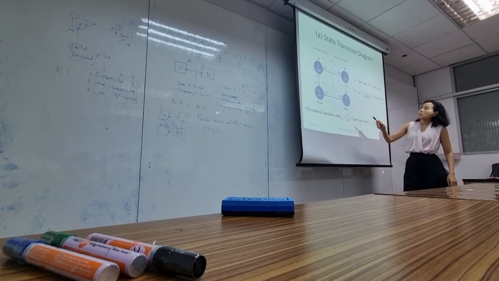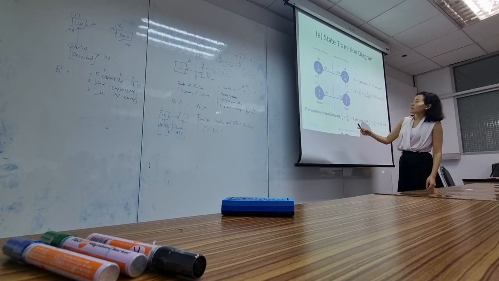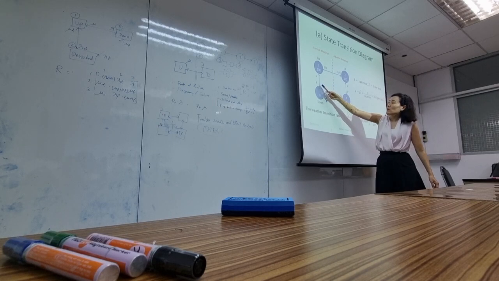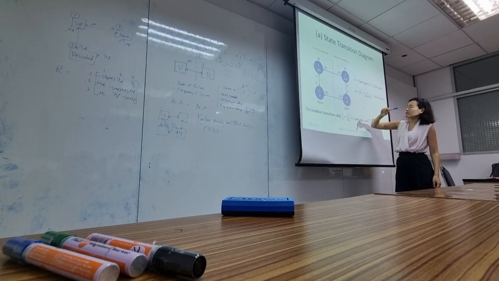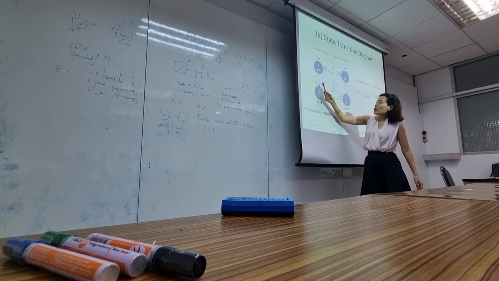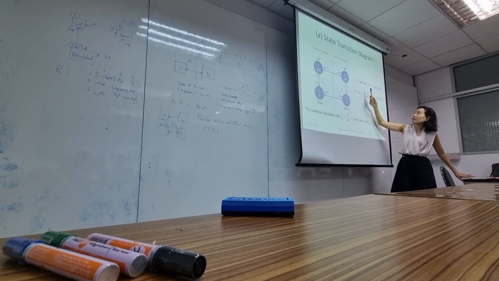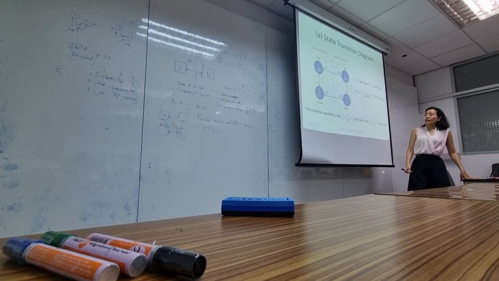Now, once we have these transition state diagrams, we know that the failure rates are different. From the normal, the failure rate is 1. From the adverse weather, the failure rate is 2 per year.